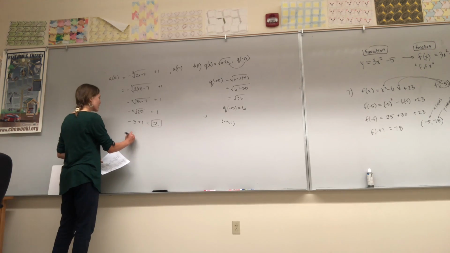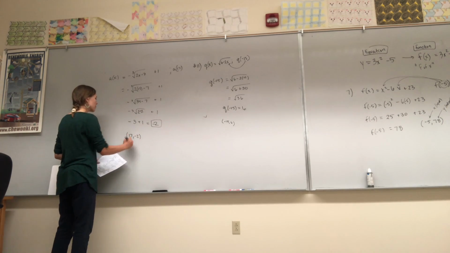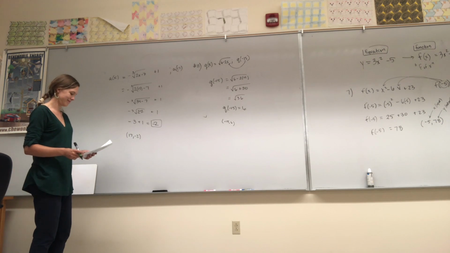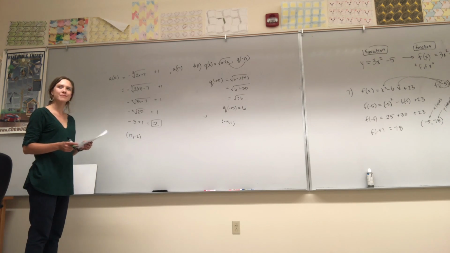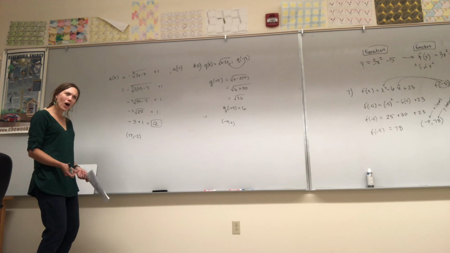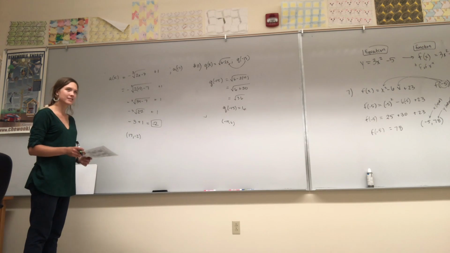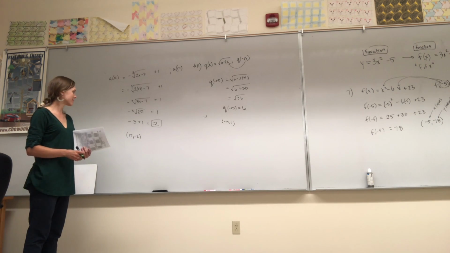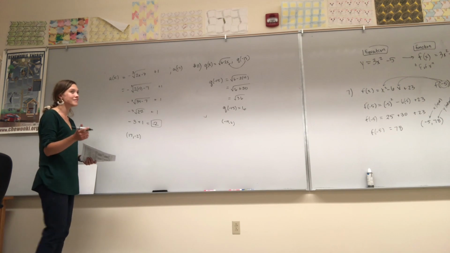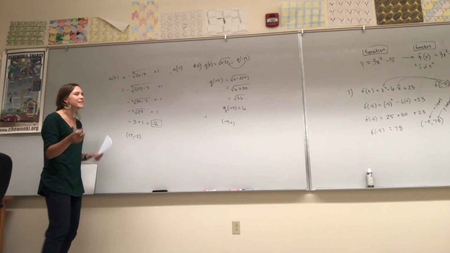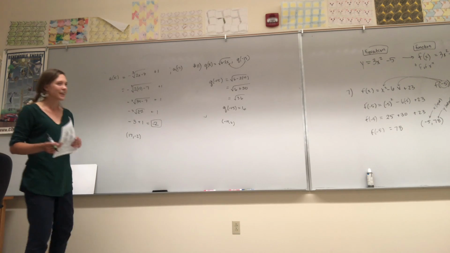So here my x value would be 17, my y value would be negative 2. If it was the cube root of negative 27, you would get negative 3, because negative 3 times negative 3 times negative 3 gives me negative 27.